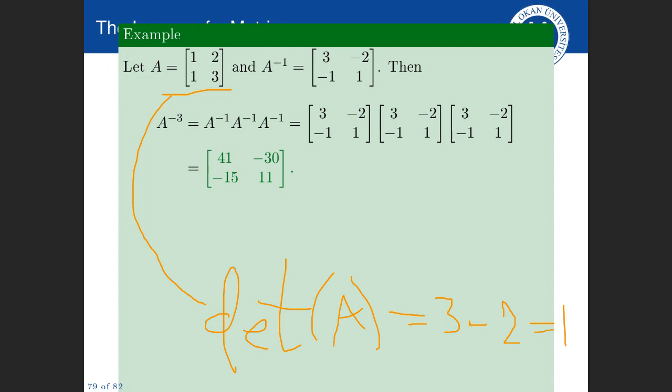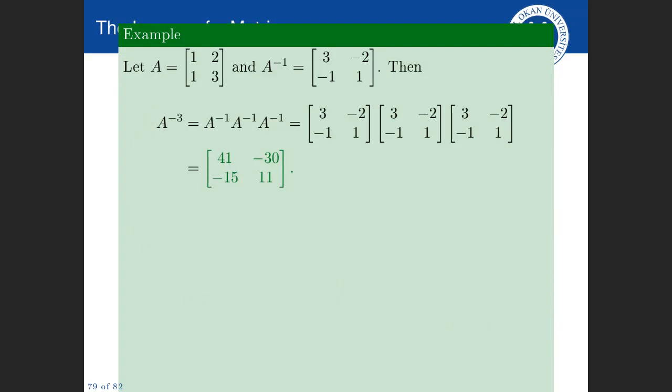The determinant is just equal to 1. A inverse is 1 divided by the determinant, so 1 divided by 1. We take 1 and 3 and we swap their positions. And for the other ones, the 2 and the 1, we put minus signs on them. That's how we find A inverse.